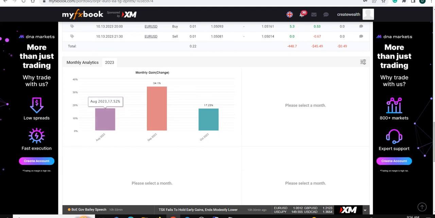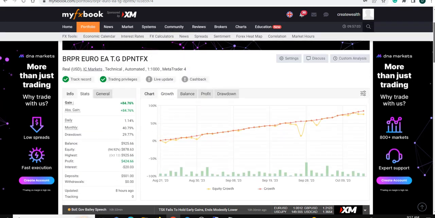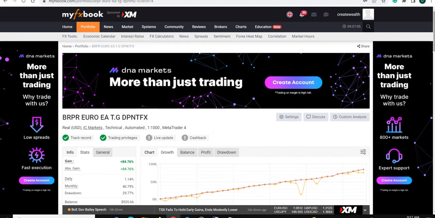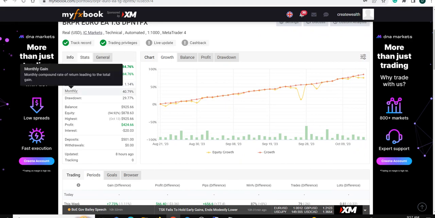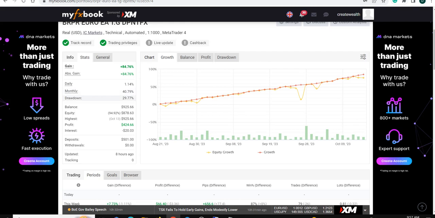Monthly gain was around 17.52% in August. In September it's 34%. In October it's 17.25% so far. Here we can see it has generated an average of 40.79% monthly so far, and the maximum drawdown has gone up to 29.77%, and this is on $501.